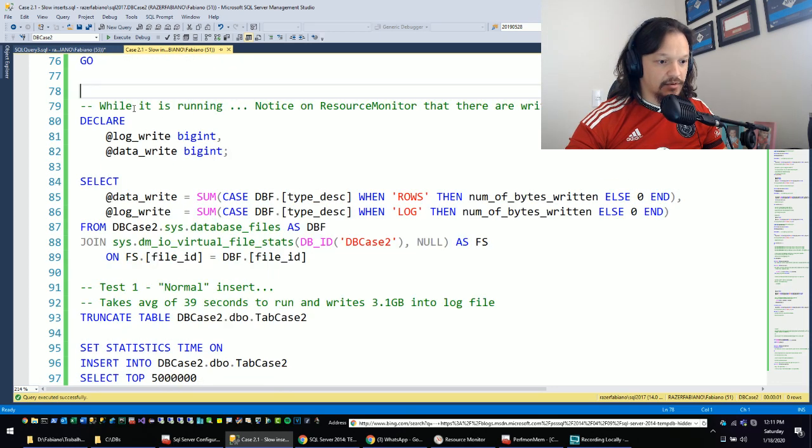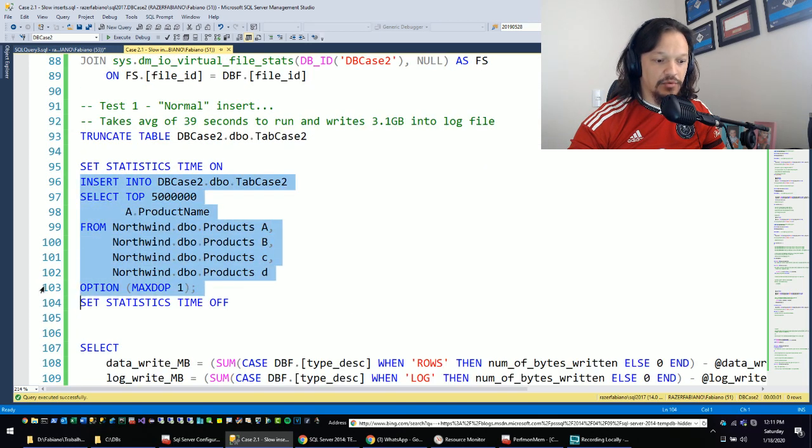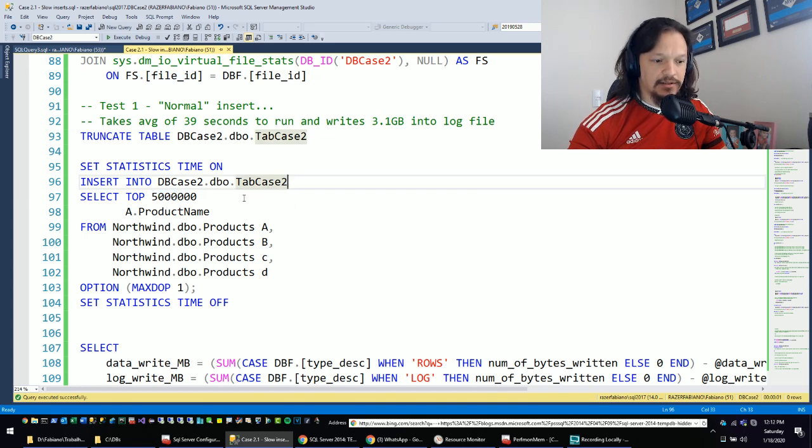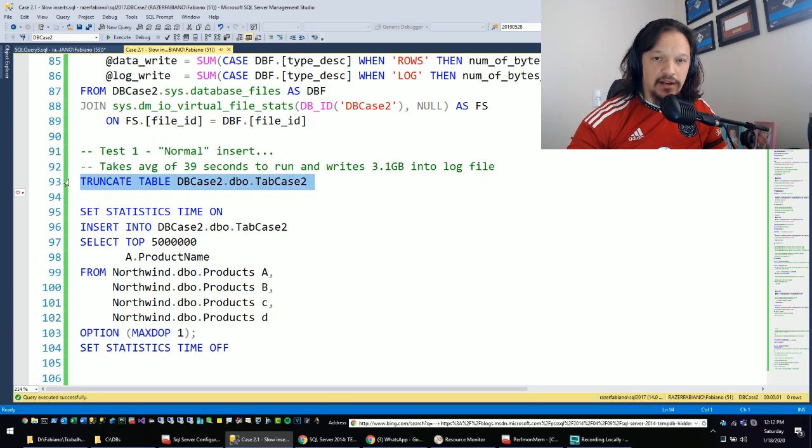Here's the insert that I'm going to run: insert into the table 5 million rows, nothing else. I don't want to run it in parallel, so I'm running everything serially to make the tests easier. I'm truncating the table and inserting the data every time.